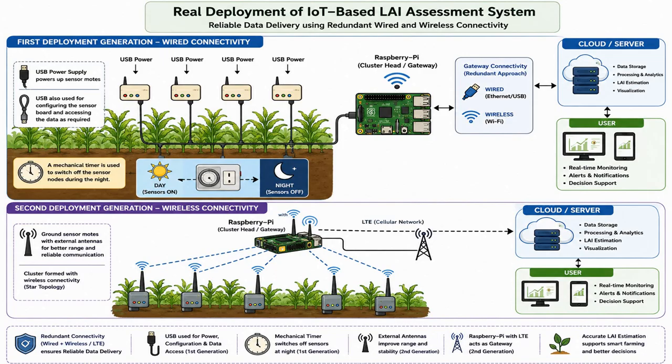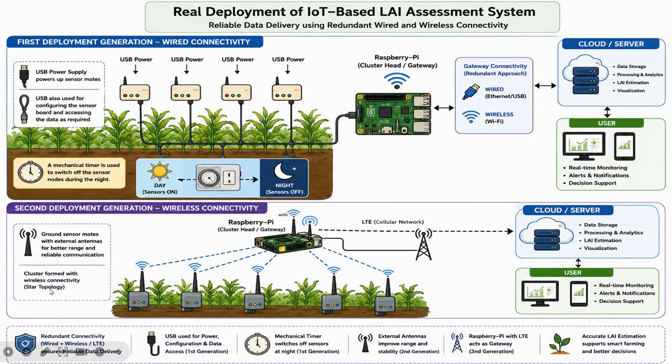To conserve energy, a mechanical timer is installed which automatically switches off the sensors during the night and when the measurements are not needed, and the collected data is then transmitted to the cloud server for storage and analysis. Although this wired system provides stable communication, it requires physical cables which may be difficult to manage in large agricultural fields.